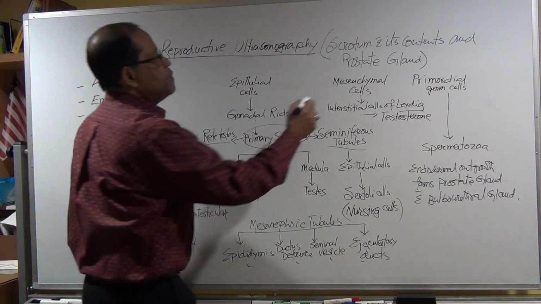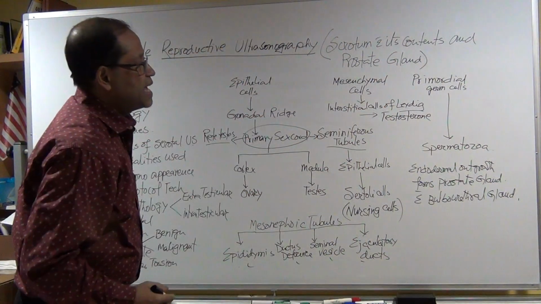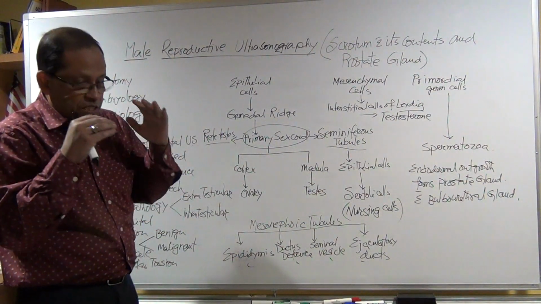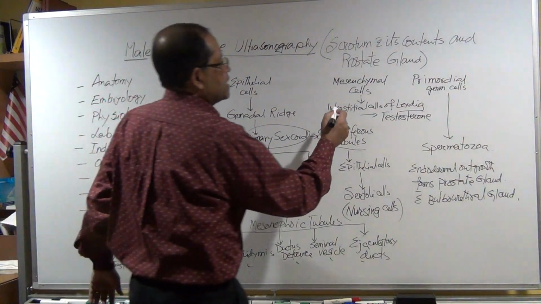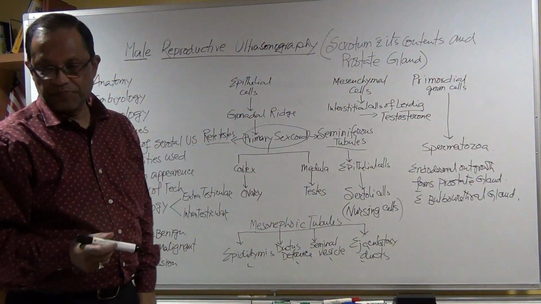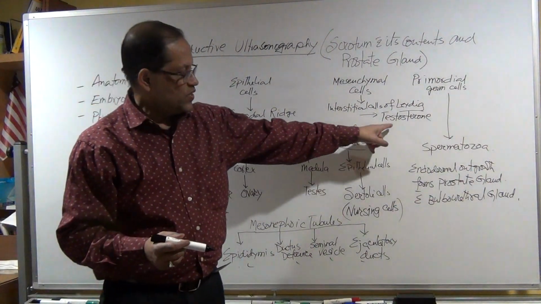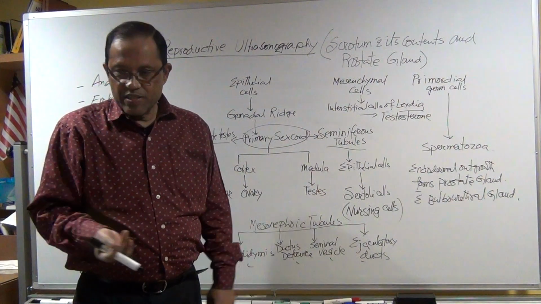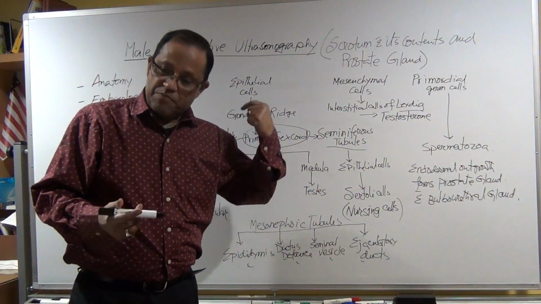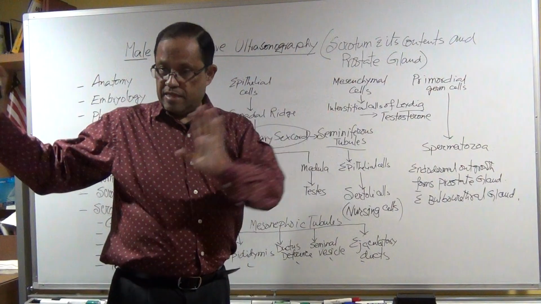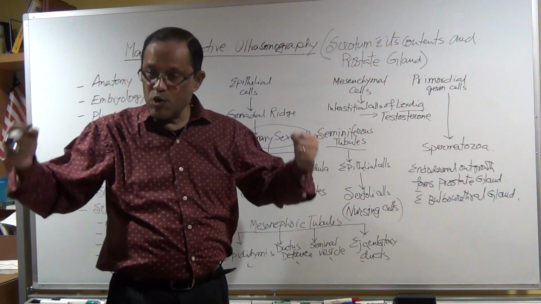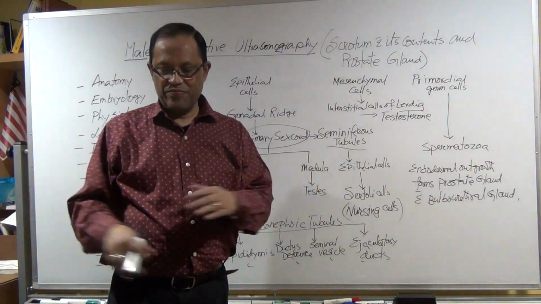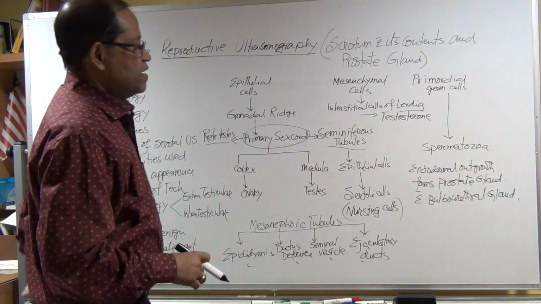Okay? If mesenchymal cell, means mesodermal cells, fail to migrate into the infrastructure, then testis will be there, but there will be no testosterone. And you know, for the man, testosterone is very important, not only for that purpose, but for the growth and development and the secondary character. So this is very important.